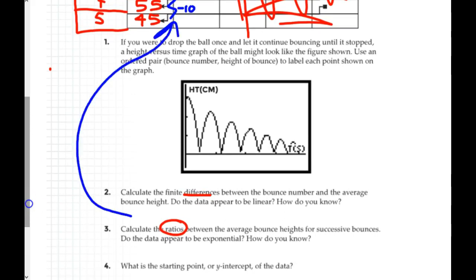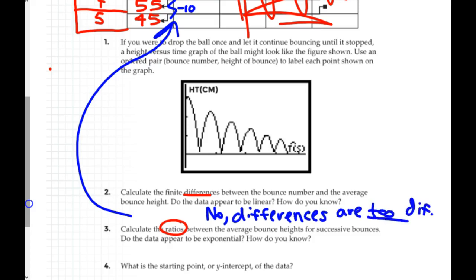Do they appear to be linear? No. The differences are too different. When you work with data, rarely is it exactly on the money, but in this case, it's too different.